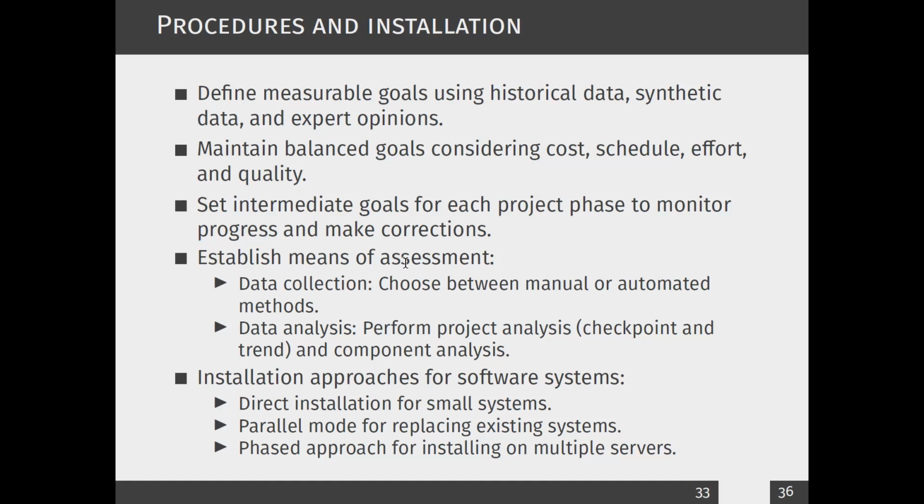So when we set up a goal for a project, it's always good to make milestones, or what we call intermediate goals, and then you can see whether the project is reaching those milestones, right? So that's very important.